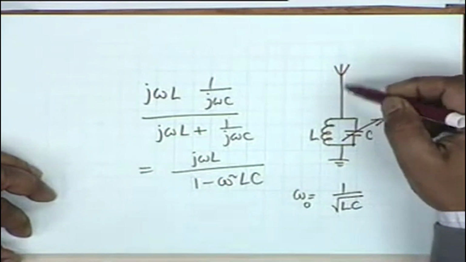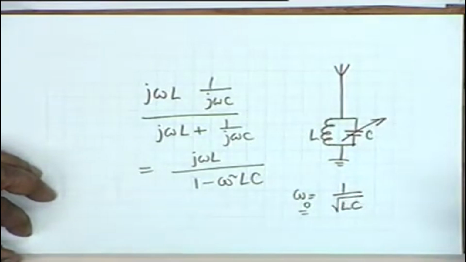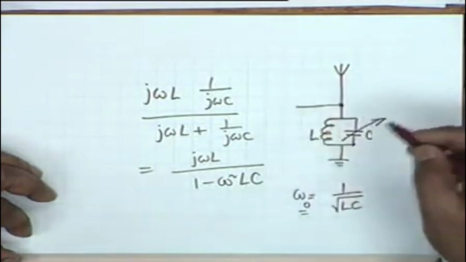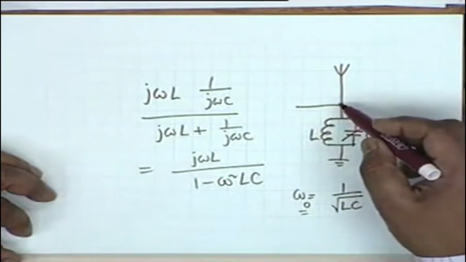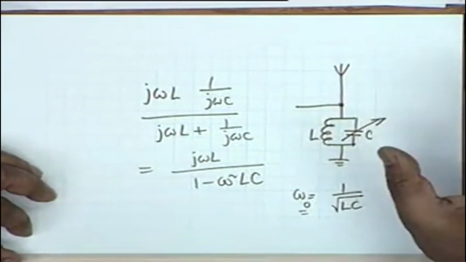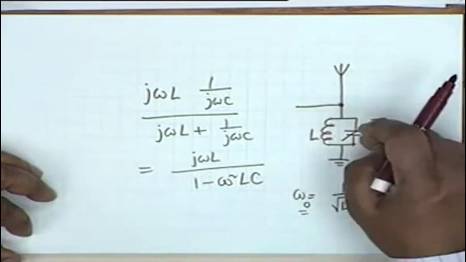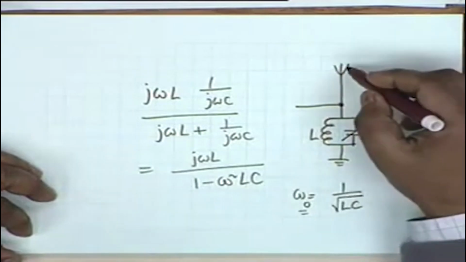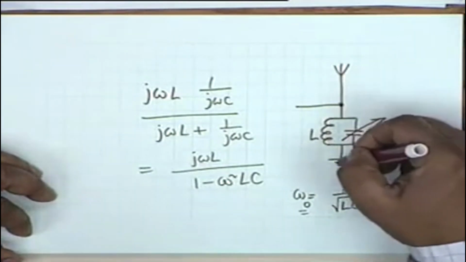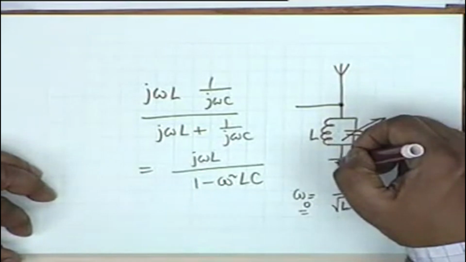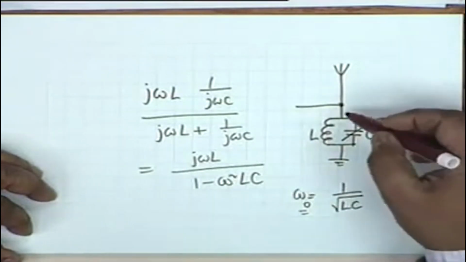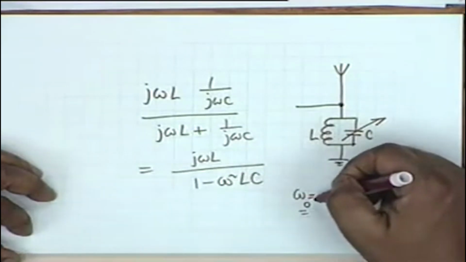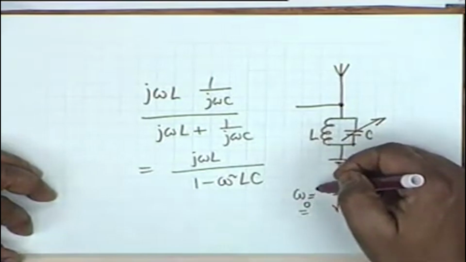That this particular frequency shall be picked up by the circuit. This impedance is infinite, and therefore any small current, actually in practice it cannot be infinite, it is very high. So any small current flowing at that frequency shall be dropped across here, and all other frequencies shall find an easy path to ground. It is only at this frequency that the impedance has become very large.